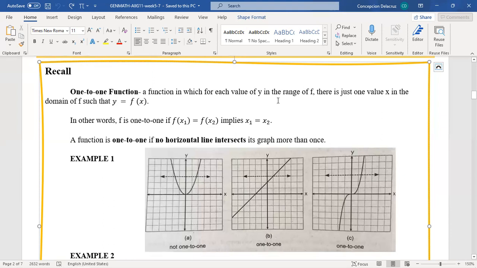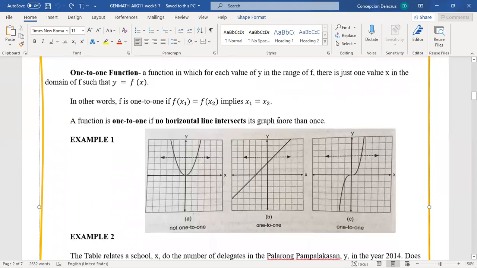So in each value of y, there should only be one x in the domain. In other words, f is one-to-one if f of x sub 1 is equal to f of x sub 2, which implies x sub 1 is equal to x sub 2.